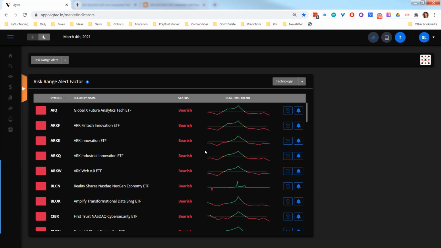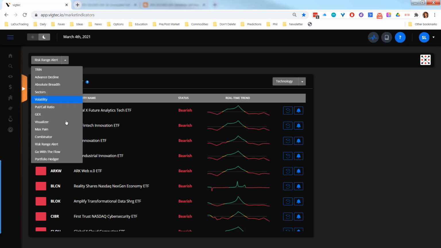So one thing that it does is obviously give a multi-day range, which is short duration. It's just a few days. Right now it's the 25th of February through the 4th of March. So those are actual trading days for risk range alert, okay?